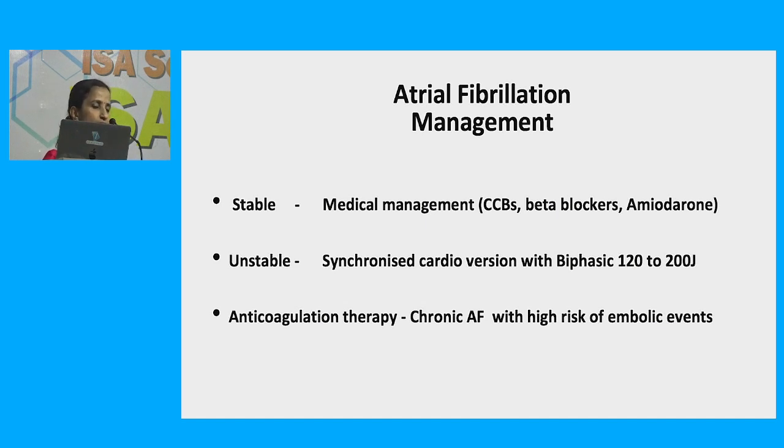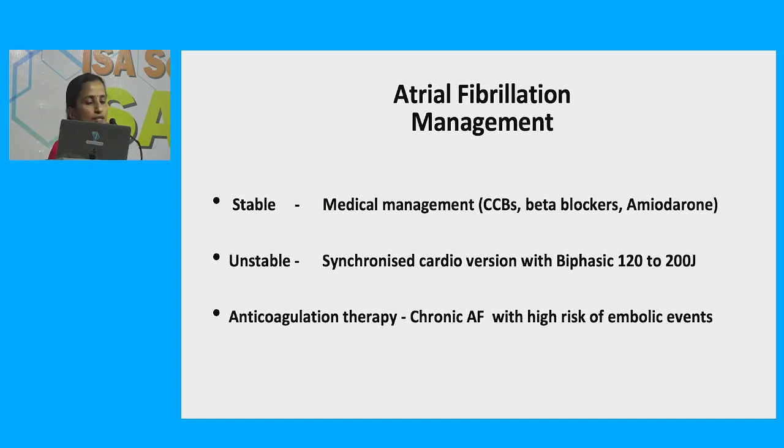Okay, in arrhythmia ECGs, you look whether the patient is stable or not. Hemodynamically unstable means you have to go for cardioversion, electrical therapy. Only if stable, go for pharmacological therapy. In atrial fibrillation, the pharmacological therapy is rate control and rhythm control. In rate control, beta blockers and calcium channel blockers. For rhythm control comes amiodarone.